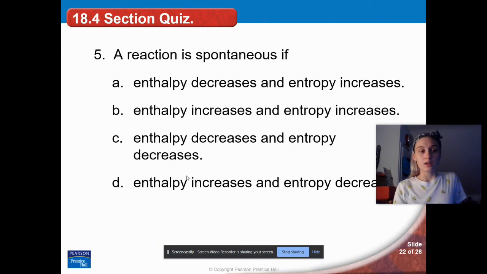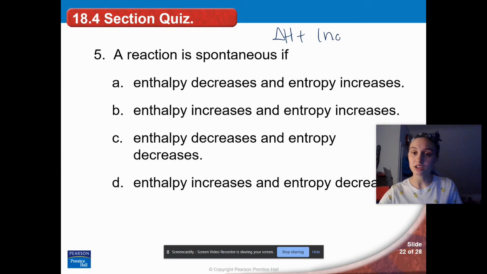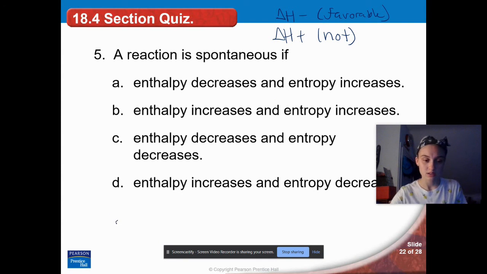Yay. A reaction is spontaneous if, so these are all those conditions, okay? We have to remember what's favorable and what's not. So I'm going to go ahead and write in all my delta H positive and delta H negatives. We know that delta H positive is not favorable. Delta H negative is favorable.